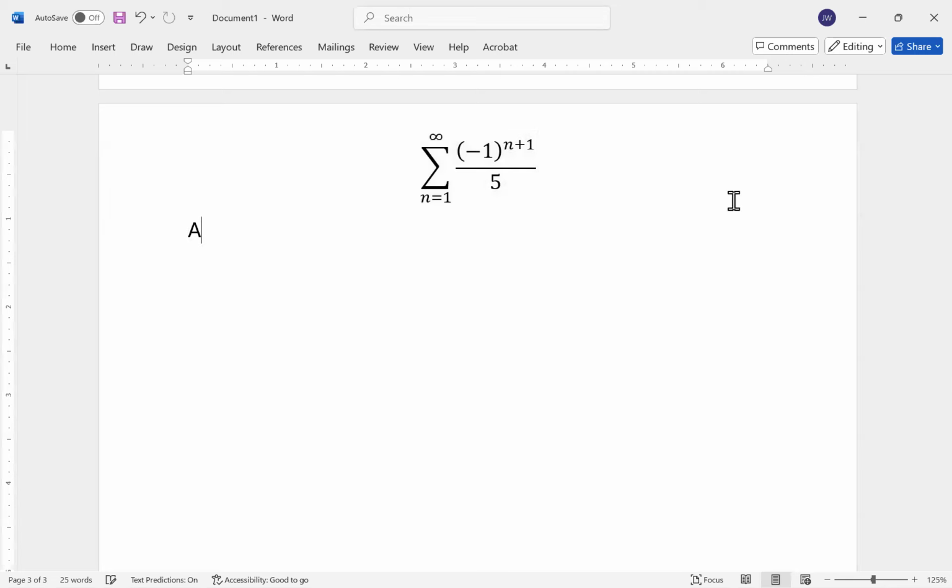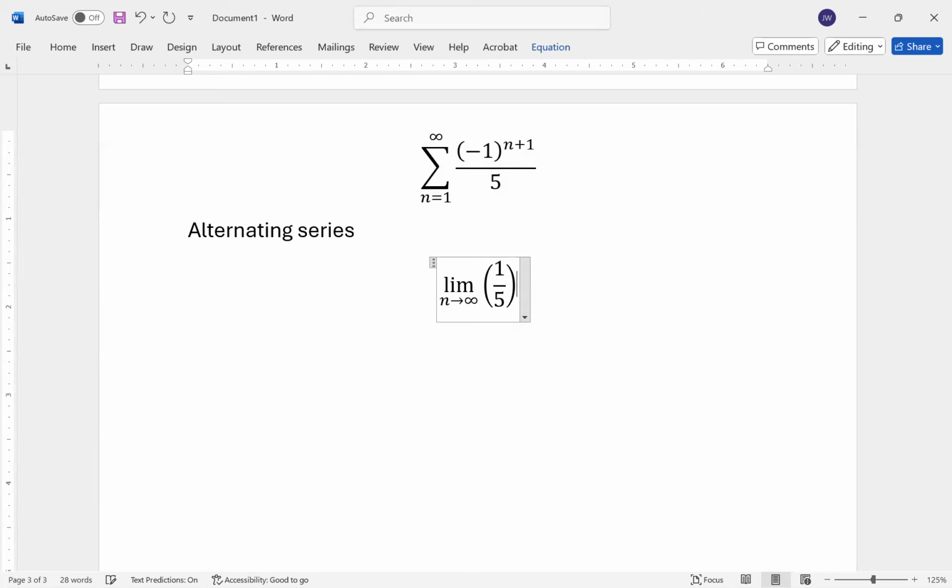It is alternating, so I can use the alternating series test, which just asks me to factor out the -1 to a power and ask, does the limit of the positive component as n goes to infinity go to 0? Does it decrease towards 0?